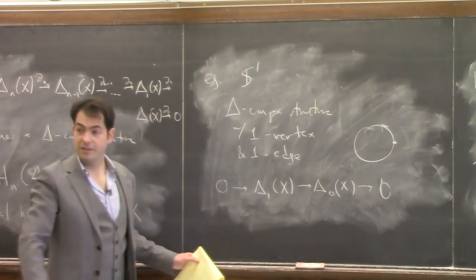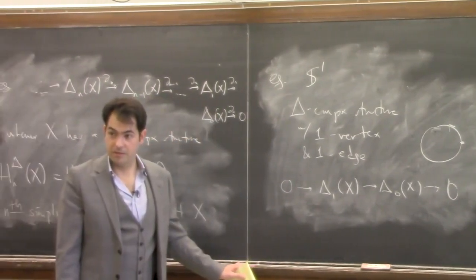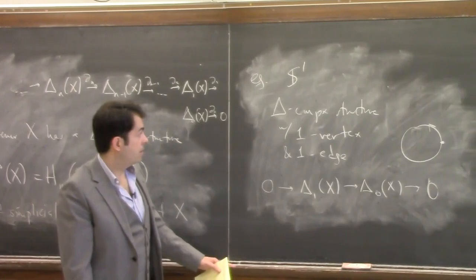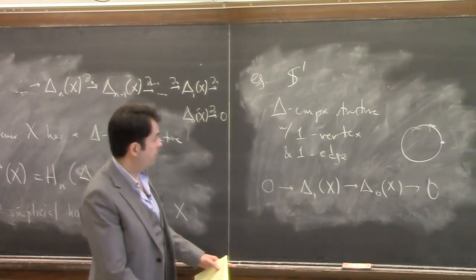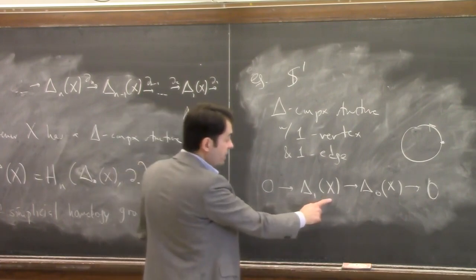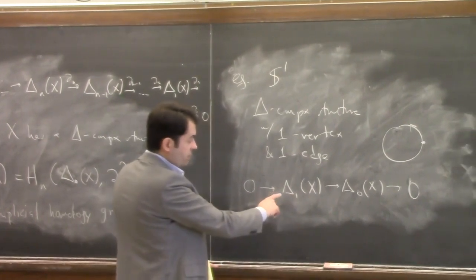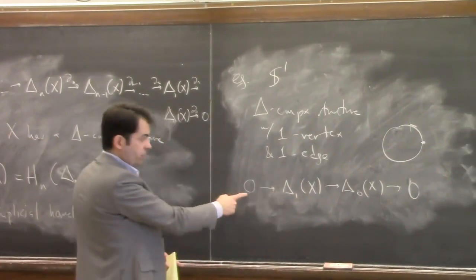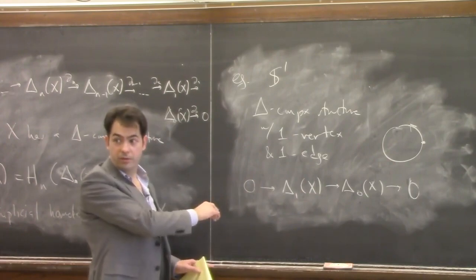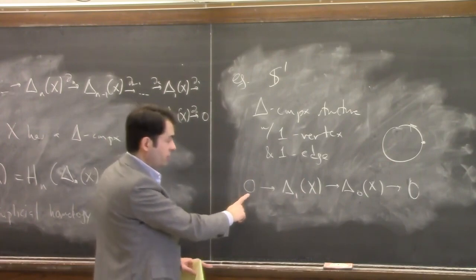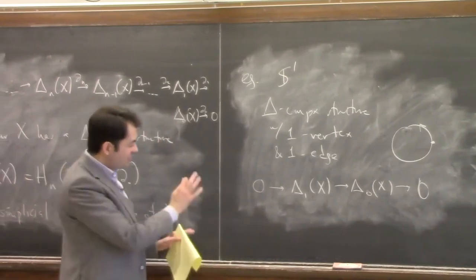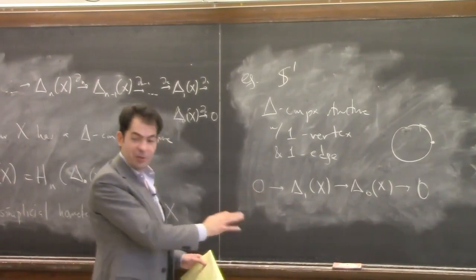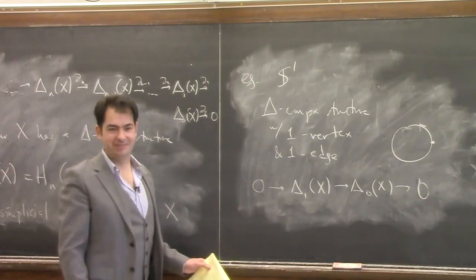Yes? So that's a copy of S1 on the left, but 0 on the right? On the left, the chain group before this is 0, so that's also 0. Yeah, that's right. It's not a circle, it's the abelian group 0.